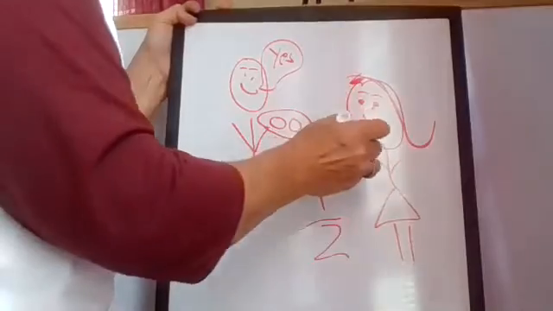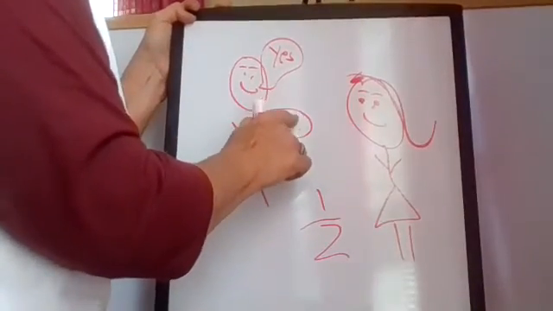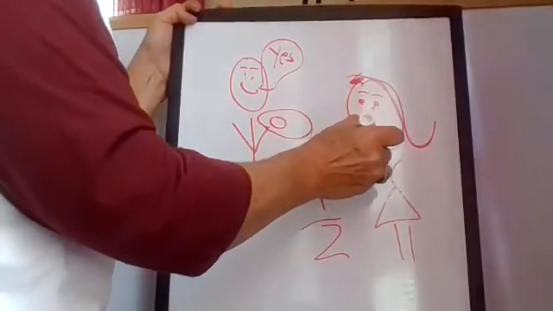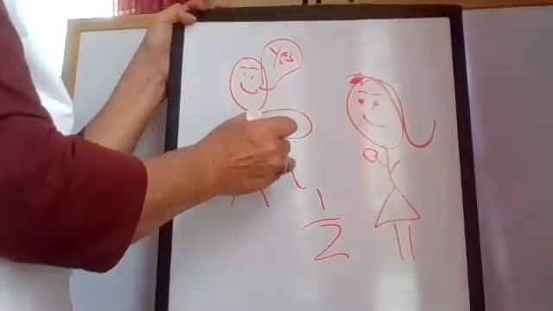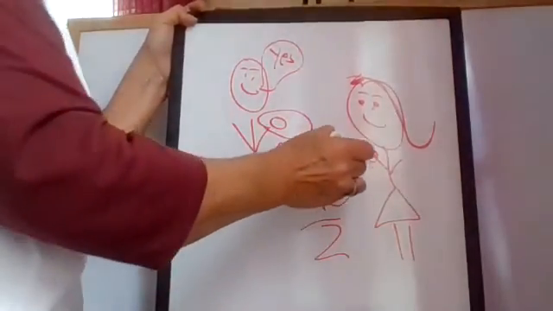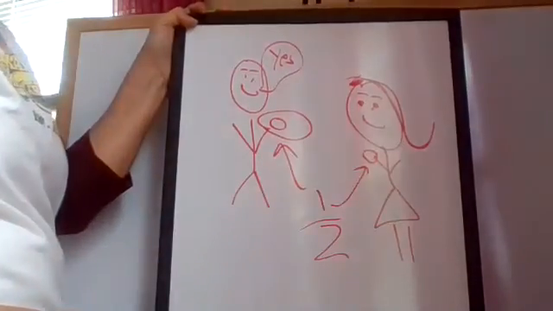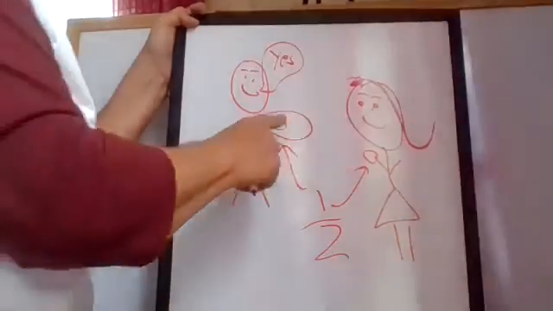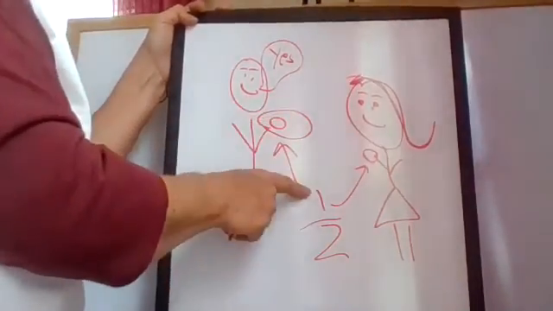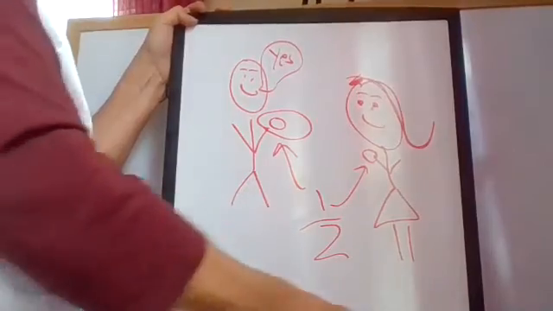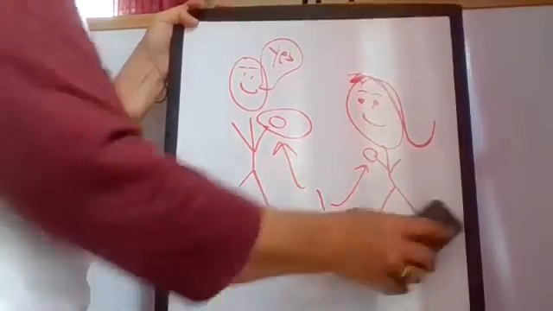Yes, he's going to take one of his cookies, so nice of Eli, and give it to Jasleen. Now, Eli has 1/2 of that set, and Jasleen has the other set. Okay, there were 1, 2 altogether, and now they each have 1/2. They each have 1 cookie.